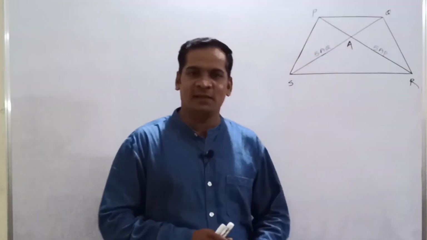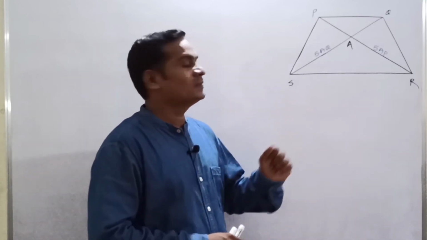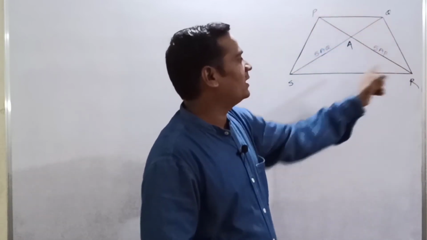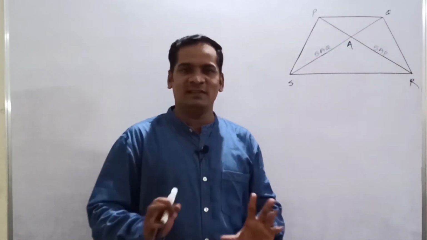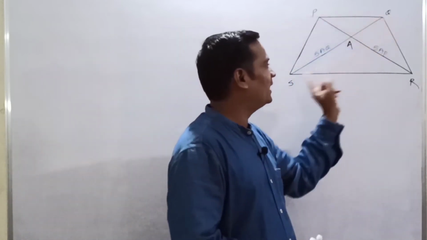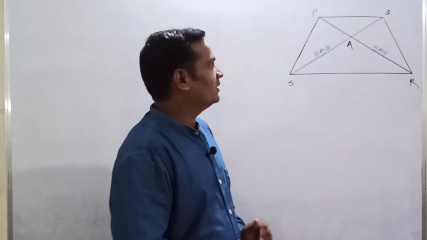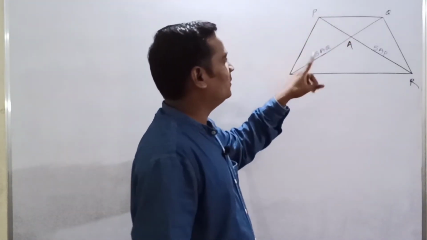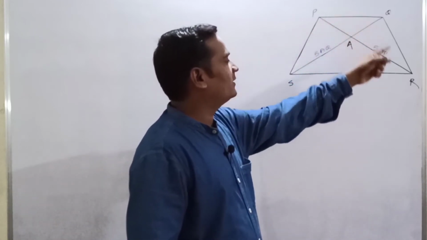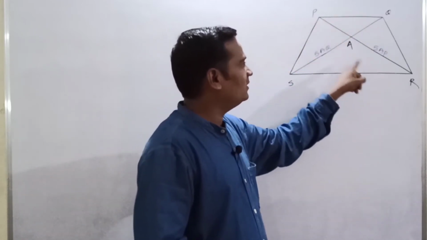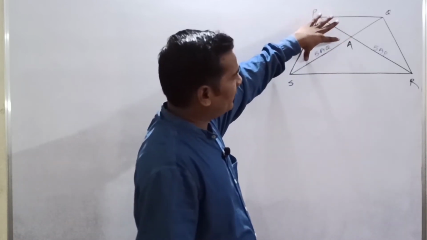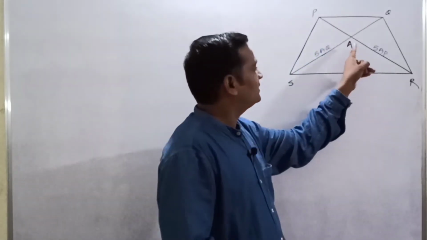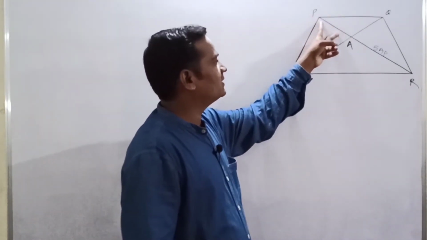This is question number 5 from practice set number 1.3, in which, look at this quadrilateral. Quadrilateral PQRS is a trapezium. If it is a trapezium, that means we know that PQ is parallel to SR. The diagonals of the quadrilateral PQRS intersect each other at a point A, and this segment AS is 5 times AQ, and this segment AR is 5 times this AP.